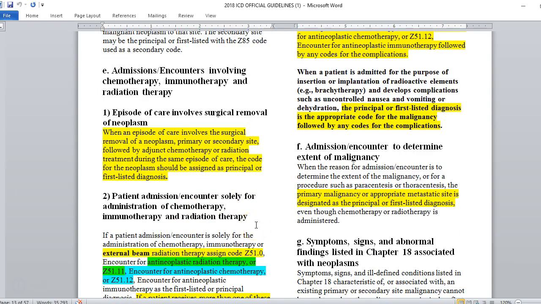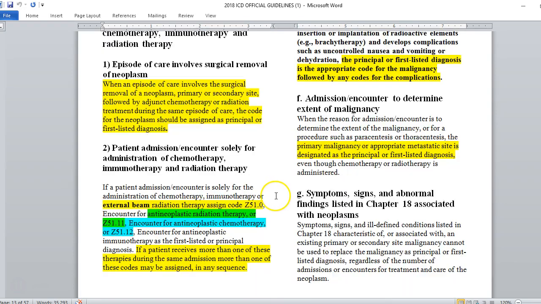Now again, if we are physically going in and surgically removing the neoplasm, it tells us, when an episode of care involves the surgical removal of a neoplasm, primary or secondary site, followed by adjunct chemotherapy or radiation treatment during the same episode of care, the code for the neoplasm should be assigned as the principal or first listed diagnosis.